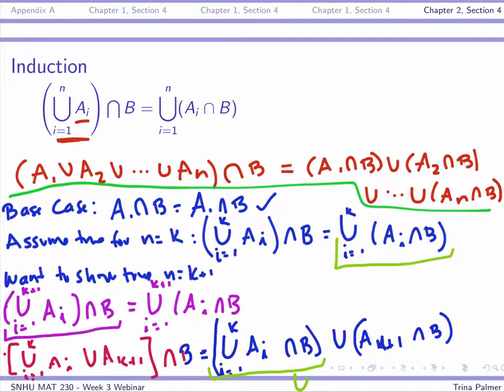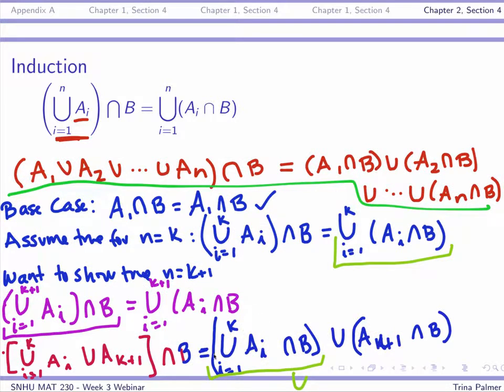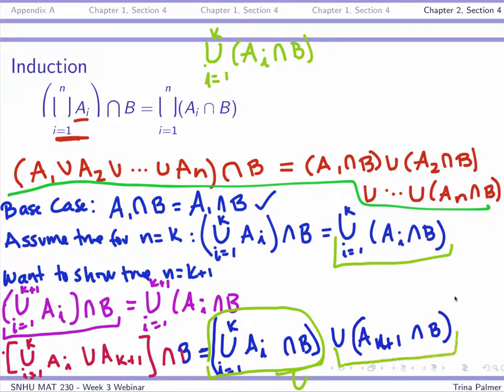Using my induction hypothesis, replacing this piece, I get the union of I equals 1 to k of AI intersect B, and now I'm going to carry this piece up top. So I have union A k plus 1 intersect B.